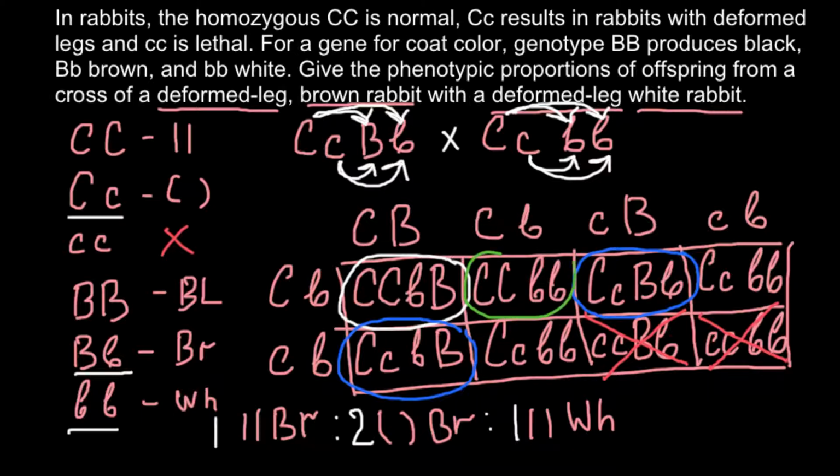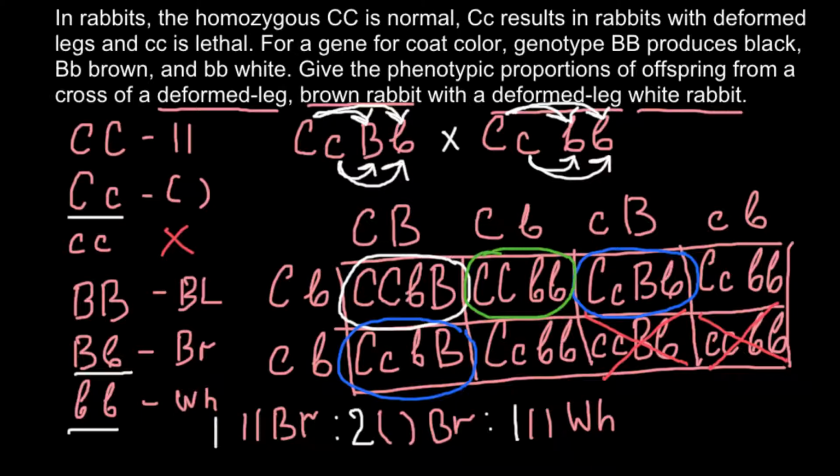and we have 2 genotypes left, and as you see, genotypes are the same. So both of them would be heterozygous for the gene C, and that means deformed legs, and homozygous recessive for the gene B, that means white color, and the same genotype we see here, so the same phenotype here.